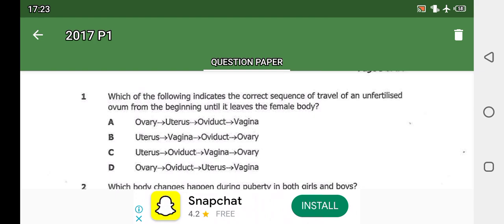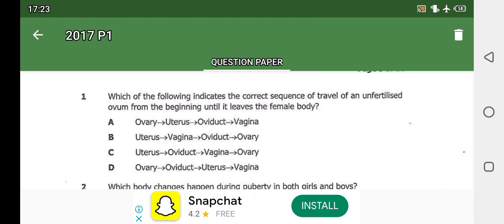We have got 4 answers, A, B, C, D. Two answers are better than the other 2, and 1 is best. This question is talking about the sequence, meaning the arrangement starting from the ovary until birth.